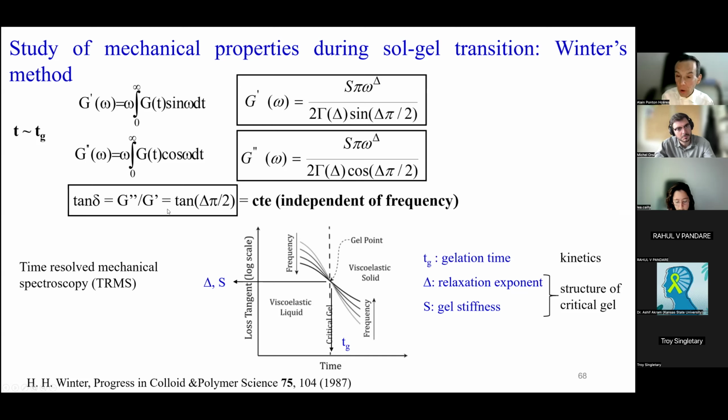So if you perform successive frequency sweeps, you measure G prime and G double prime as a function of time, not viscoelastic time, but the time of evolution of the material, and at different frequencies.